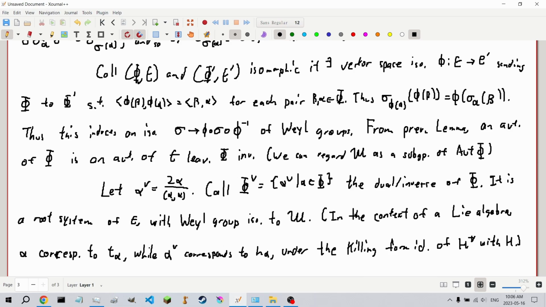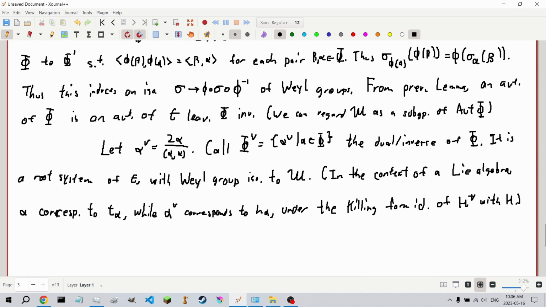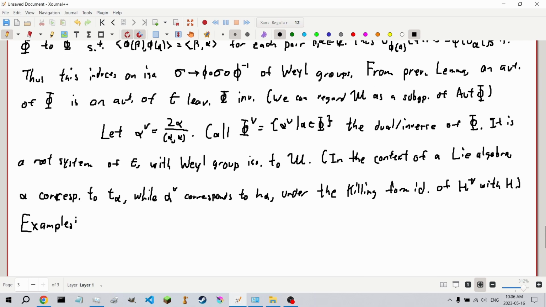And we will go through one more section because this one's going to be pretty short, I'm thinking. And this one is going to be examples. So we're going to call L the dimension of the Euclidean space.